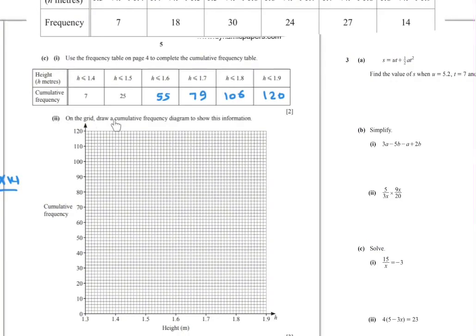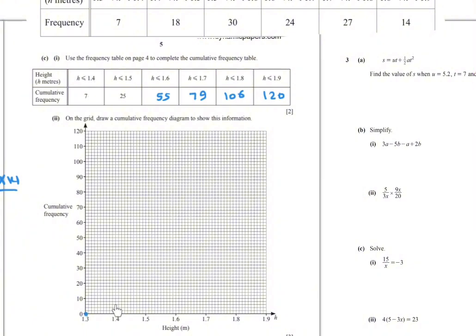Part (ii): on the grid, draw a cumulative frequency diagram to show this information. To draw a cumulative frequency diagram, use the upper value and the cumulative frequency, so 1.4 and 7, 1.5 and 25, 1.6 and 55, and so on. Then join them with the origin. So the first point is the origin. The second point, 1.4 and 7.